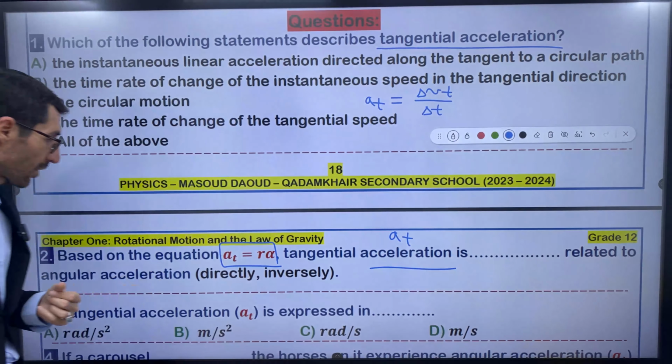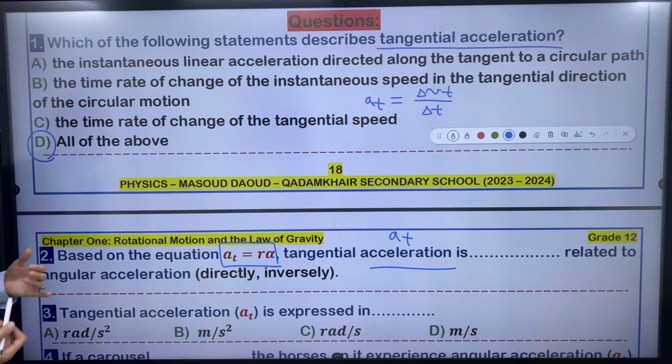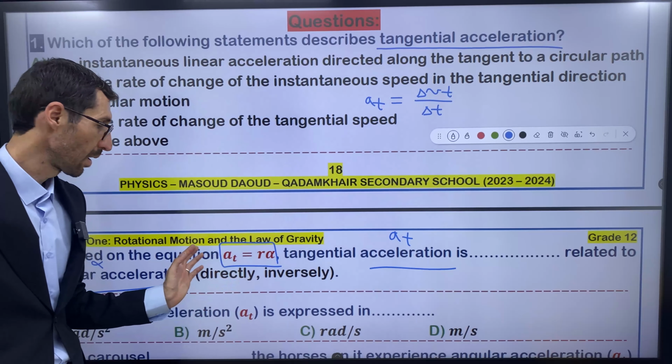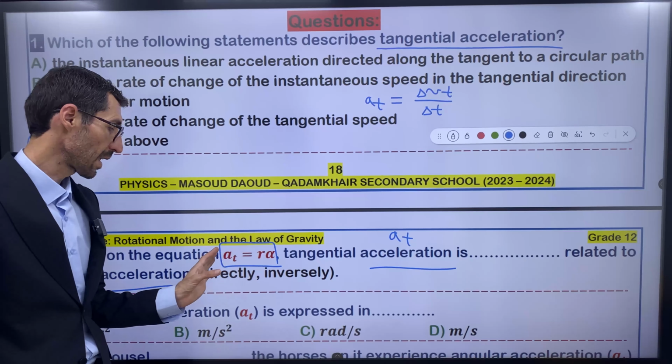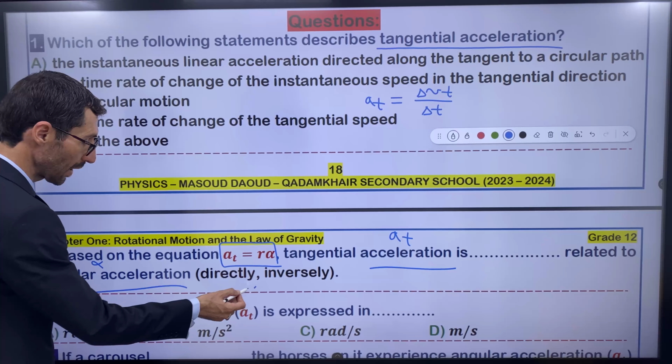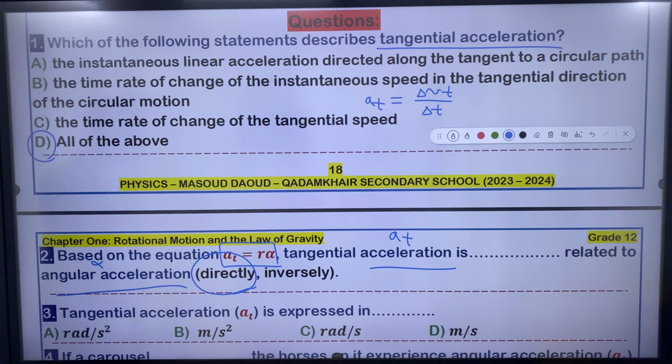AT is related directly or inversely to the angular acceleration, to the alpha. Based on the rule, there is no fraction. They are proportional to one another, and directly proportional is true, not inversely.